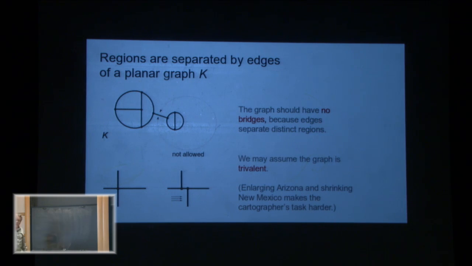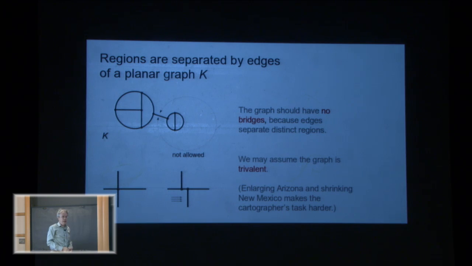The other point about these graphs is that we may assume our graphs are trivalent. That is, that every vertex has valence 3. In the map of the United States, there's a unique point like so, where four states meet at a corner.